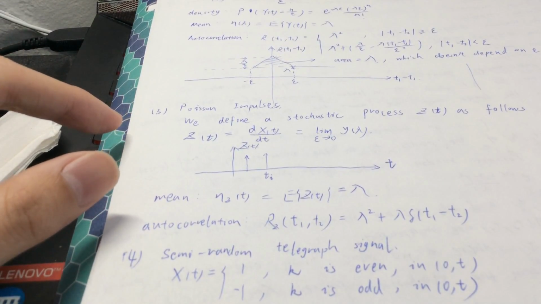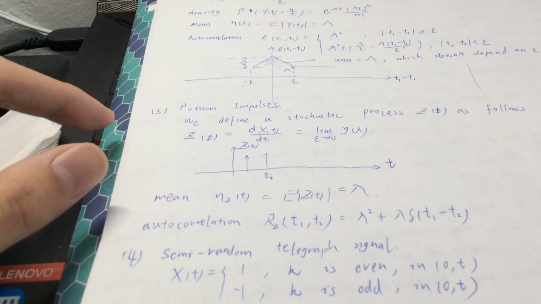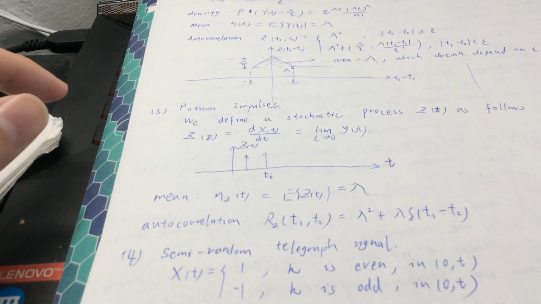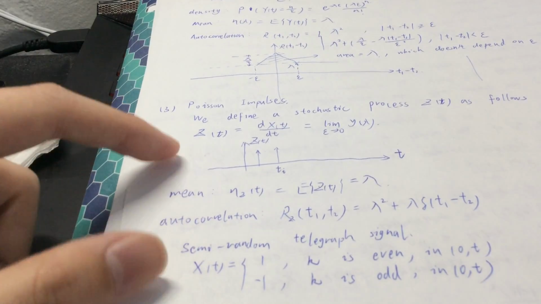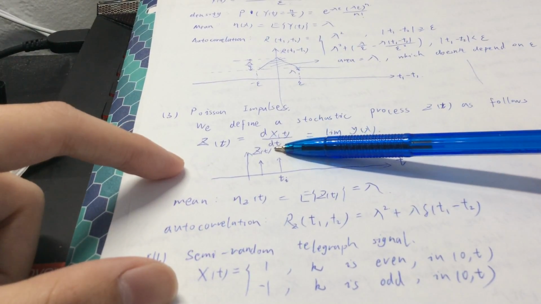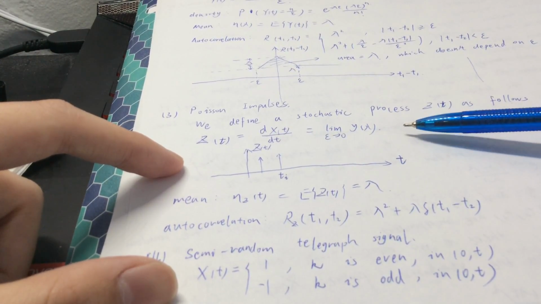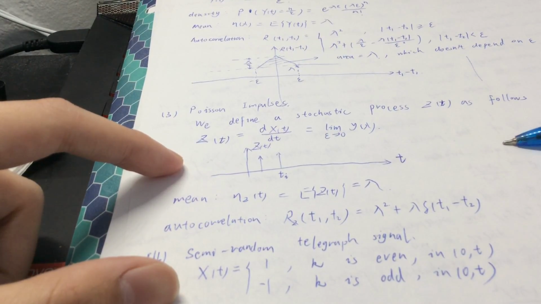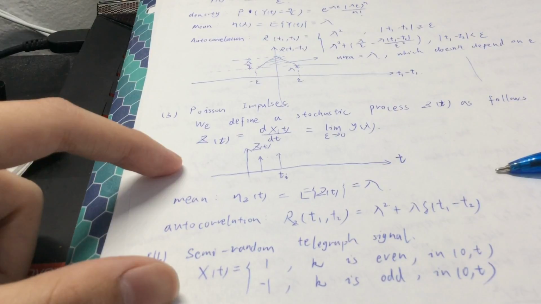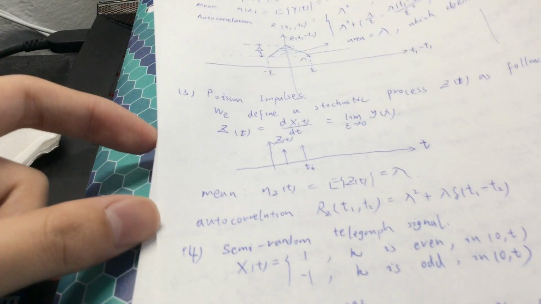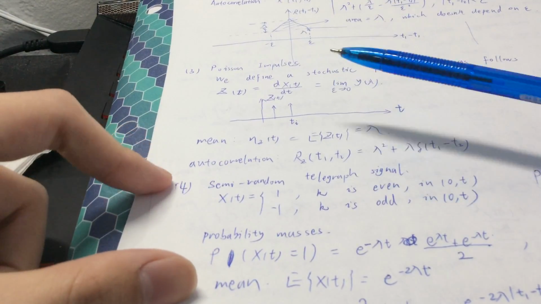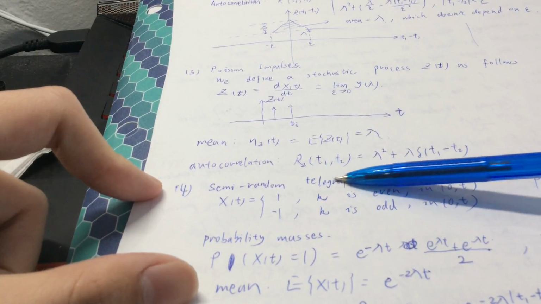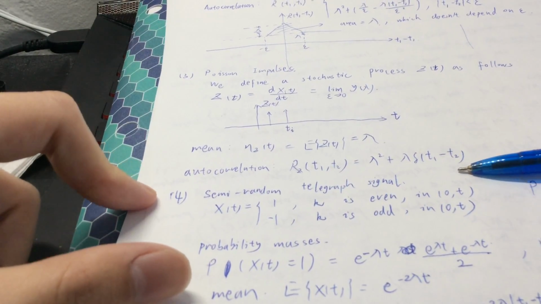Then, considering the third part, the Poisson impulse process, this is the definition. We take the derivative of both sides. We can easily derive that the expected value is equal to lambda, and the autocorrelation is listed as this part.